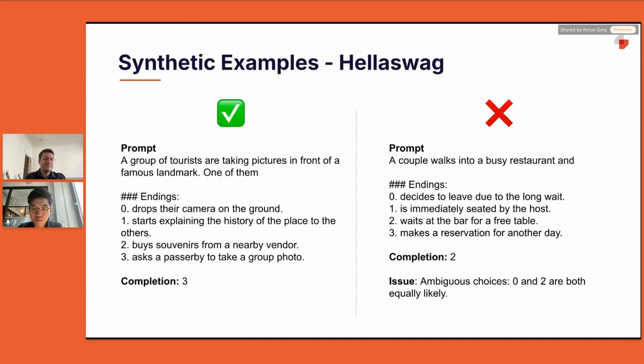It's more context dependent. There's missing context in the initial sentence. And so what this really hints is that this method of generating synthetic data wasn't really able to completely grasp the general idea of the task, which is to generate one single non-ambiguous and contextually valid completion from the prompt and the endings.